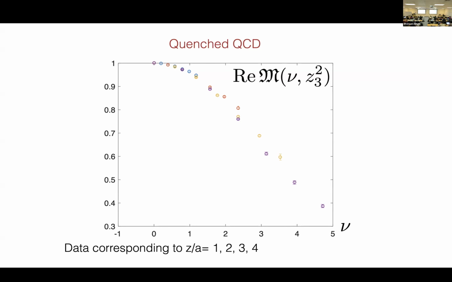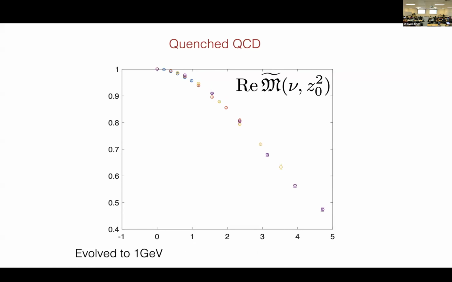Now I claim that I know how the Z square dependence should go from perturbative QCD, and I can now move all my points according to the equation that I had before, and you see that everything now falls on the same universal curve, more or less, at some fixed Z square.